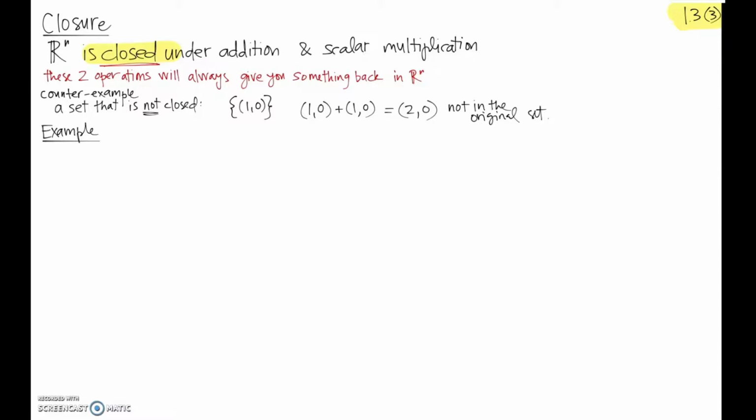So, for example, we could be asked, is the vector (7, 9, 15) a linear combination of the vectors (1, 1, 2), (1, 2, 1), and (2, 3, 4)?